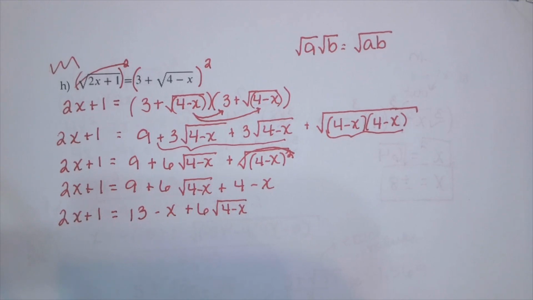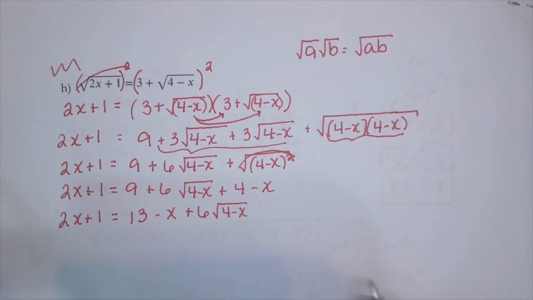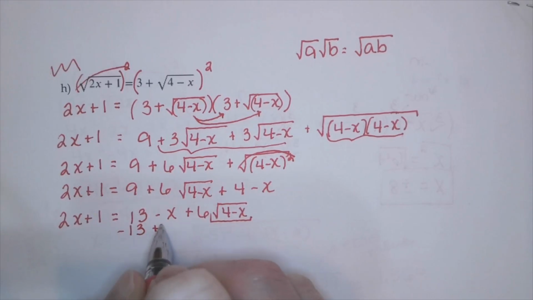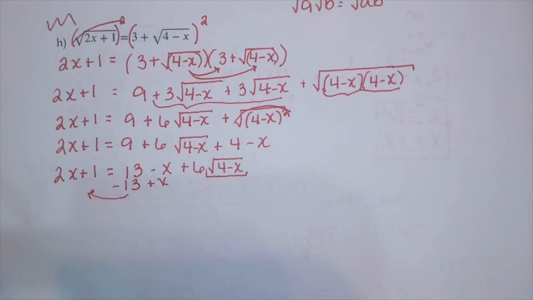Our goal is to isolate, because there's nothing else that we can do but isolate the radical so that we can square again. So to do that, I'll have to subtract 13 and add x and bring that to the left-hand side as I start isolating that radical.